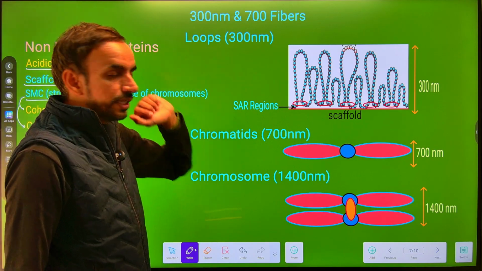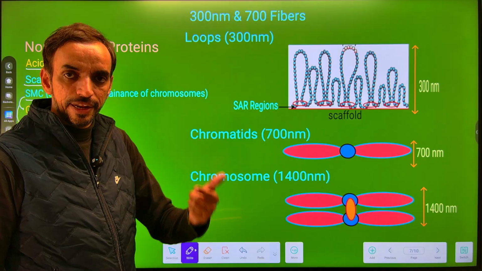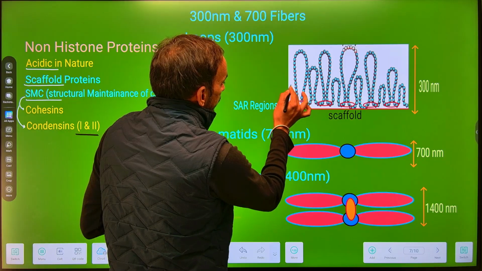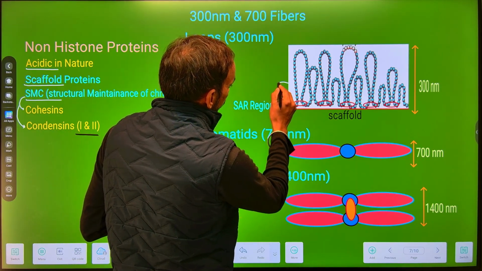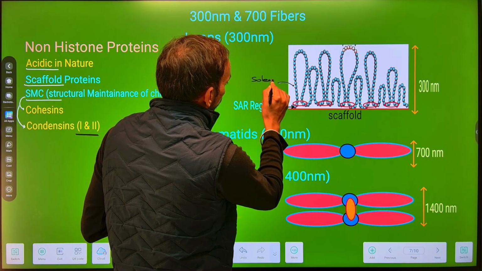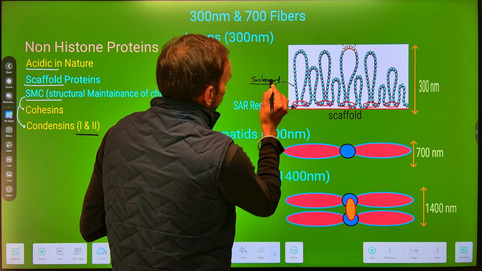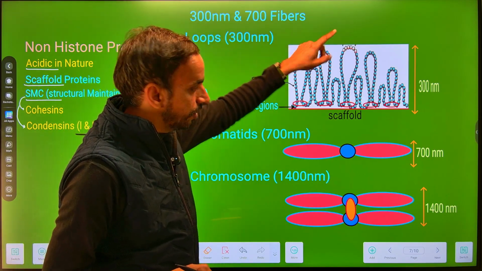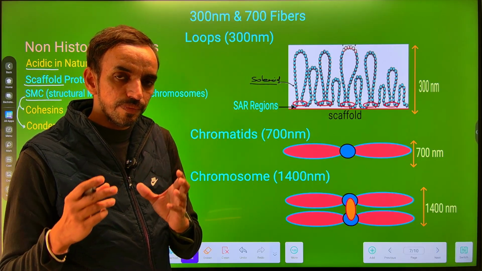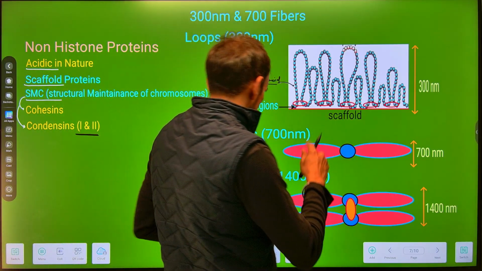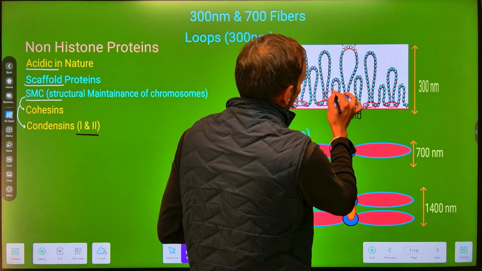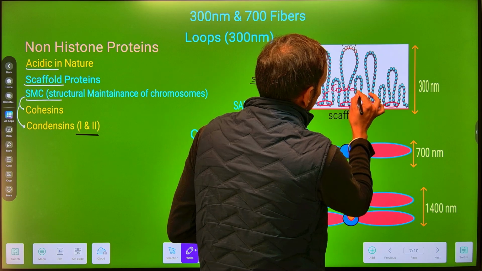Now during the formation of the 300 nm fiber, there is further condensation of these solenoids or the zigzag fibers into the formation of loops, and the proteins which play an important role in the formation of these loops are called condensins, है ना, उनको अपन कहते हैं condensins.